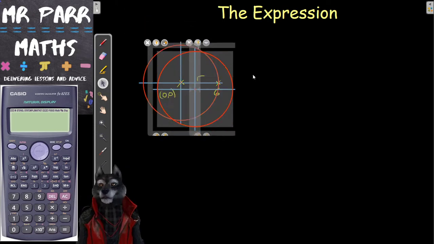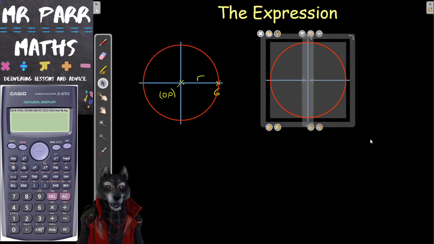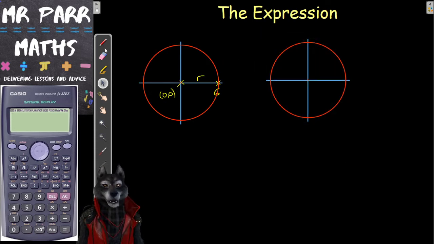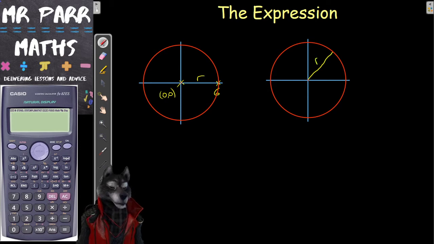So let's do that. I'm going to take a circle here, and what we're going to do is move the radius. Rather than have the radius coming out along the axes, we're going to have it come from the centre out to the circumference this way. Pardon the fact that's not a straight line, but you get the point that this is a radius. Any diagonal line can then have two perpendicular lines drawn off of it to make a right angled triangle.